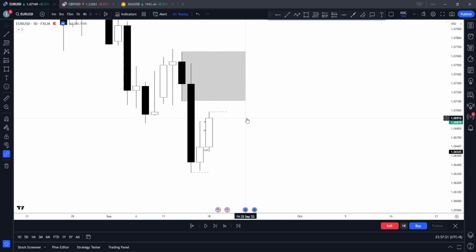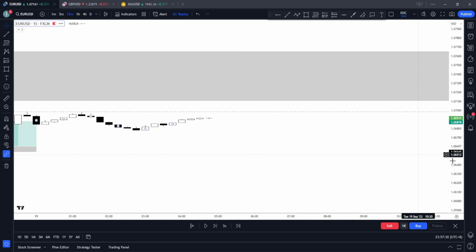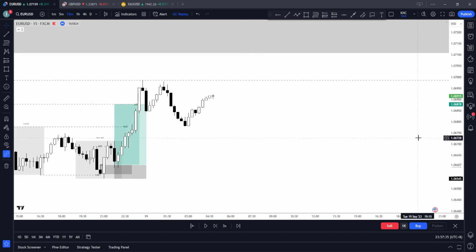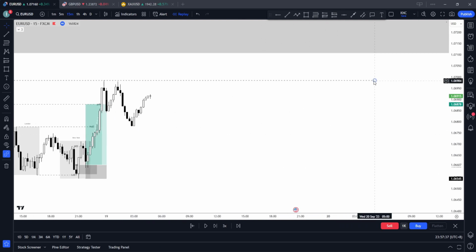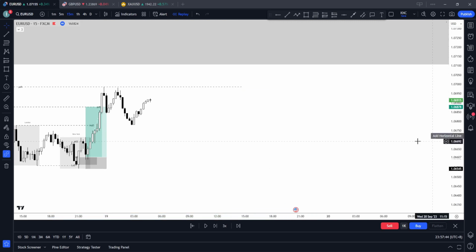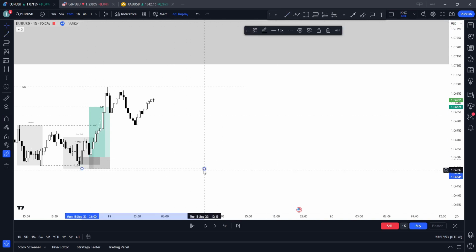We'll go to the 15 minutes time frame and look for our liquidity points at the London session. This is our new previous day high, and this will be our new previous day low.